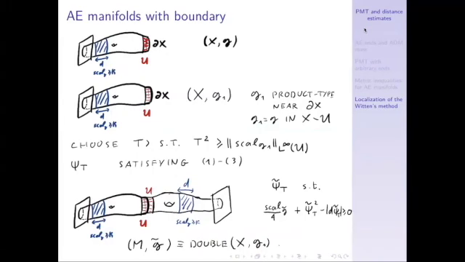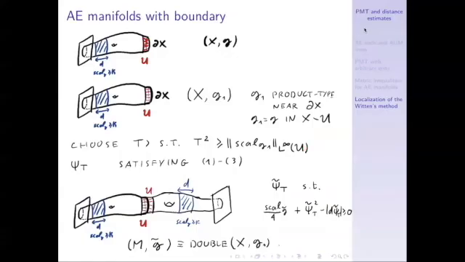By doing so, of course, we cannot hope to keep the positivity of the scalar curvature. So in other words, the scalar curvature might become very negative. However, by choosing t large enough, we can assume that t squared always dominates the scalar curvature of the new metric. I notice that U is a compact set.